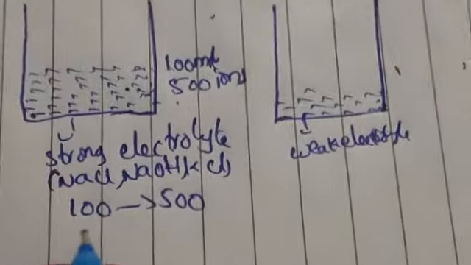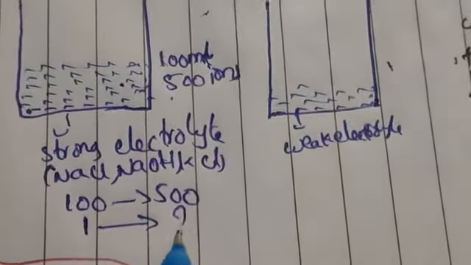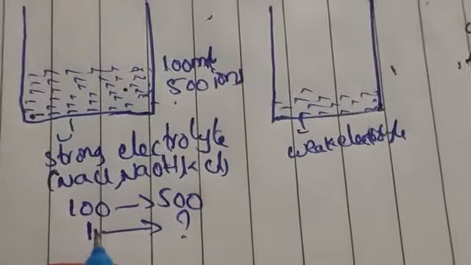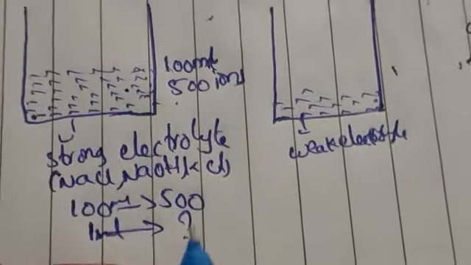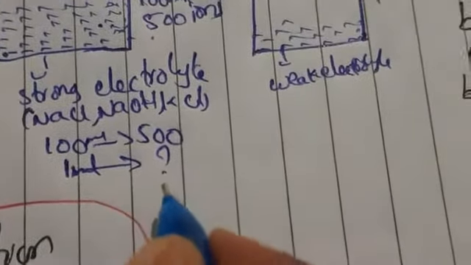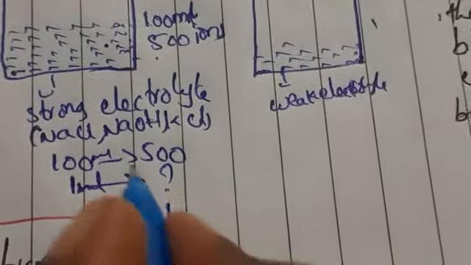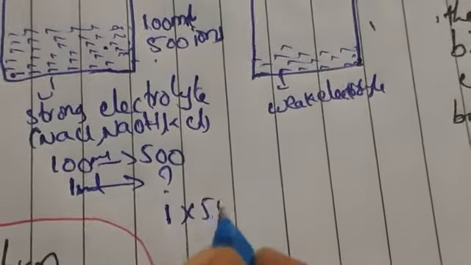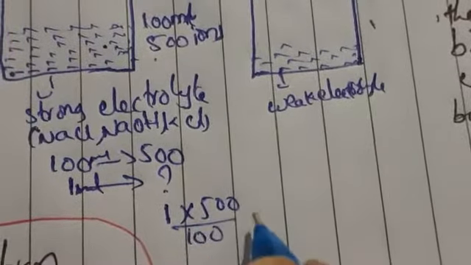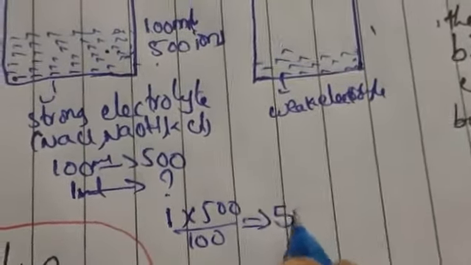And coming to 1 ml, how many ions will it give? We don't know, so we do cross multiplication: 1 into 500 by 100. So you will be getting 5 ions.